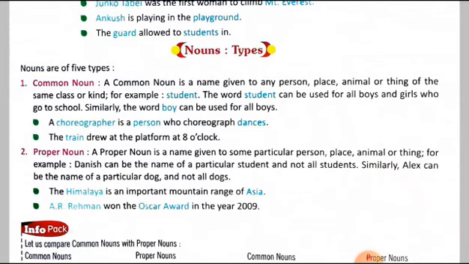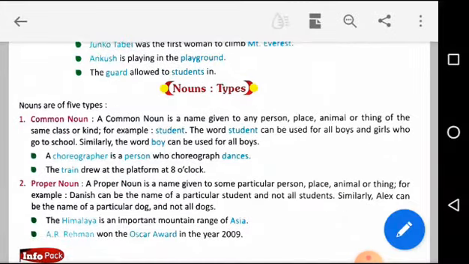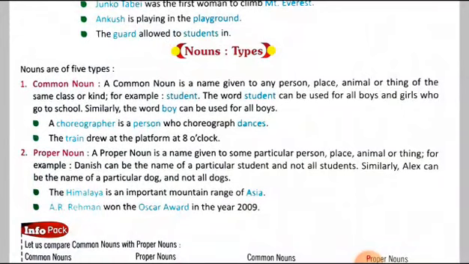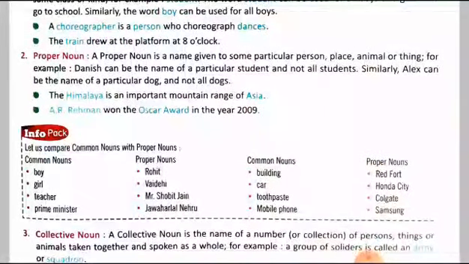See here, common noun and proper noun have some similarities, but the basic difference is that a common noun tells us about the whole class or kind of that species, but a proper noun gives us the particular name of that person, place, animal or thing. As you can see here, in this info pack, look carefully. You will get to know the basic difference between common noun and proper noun.